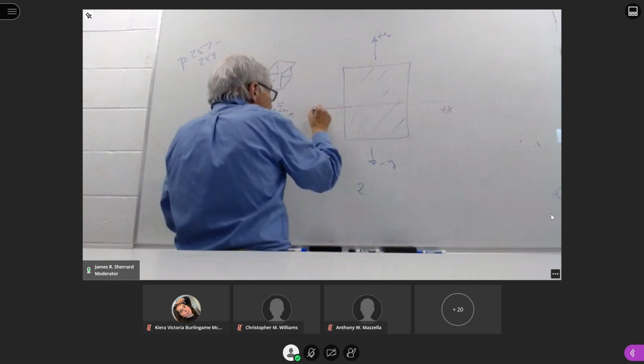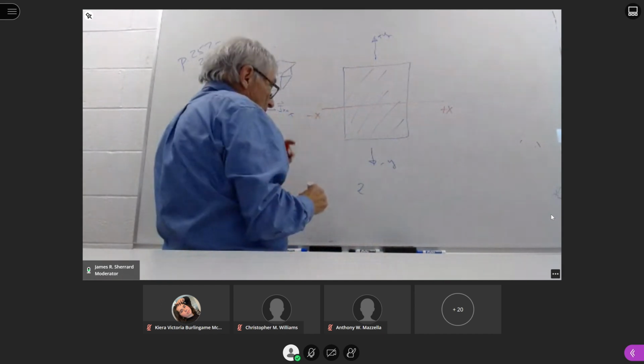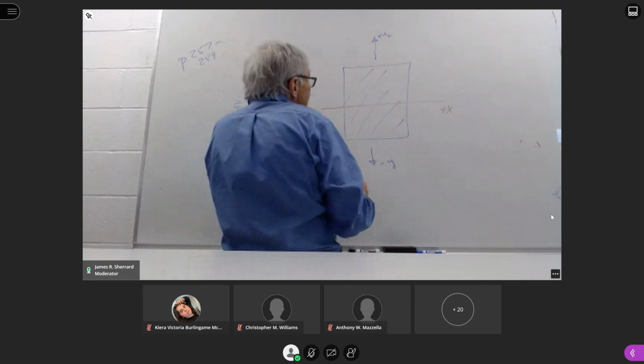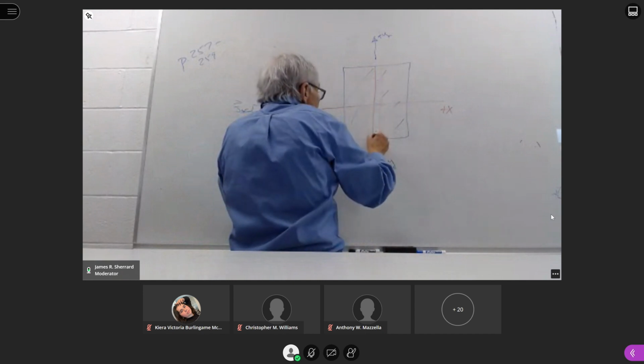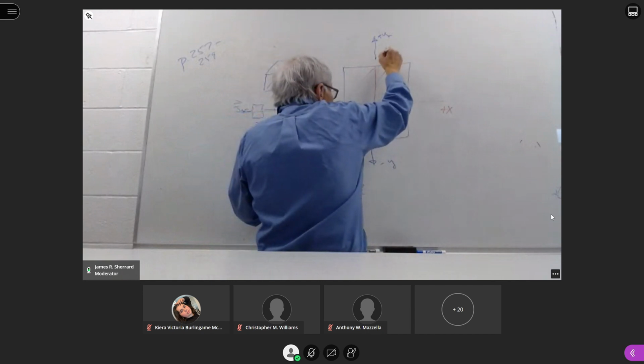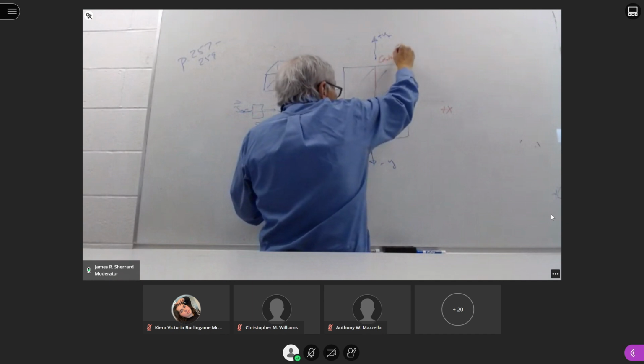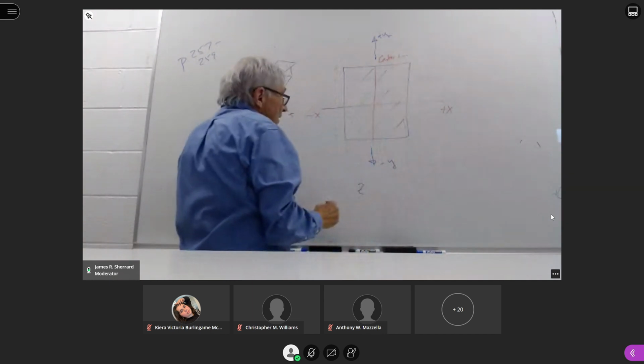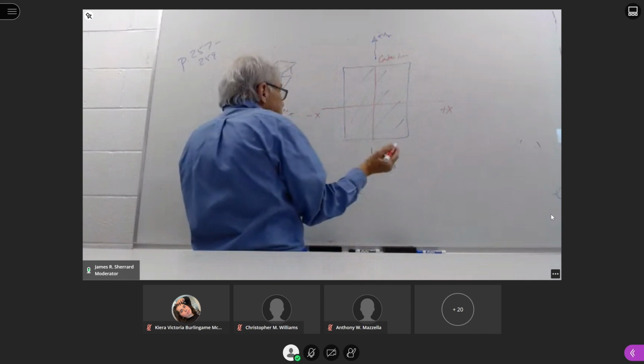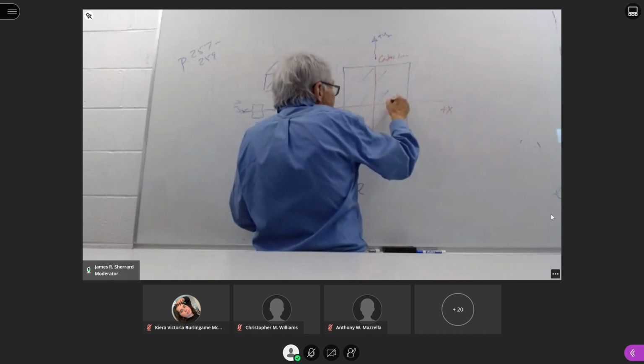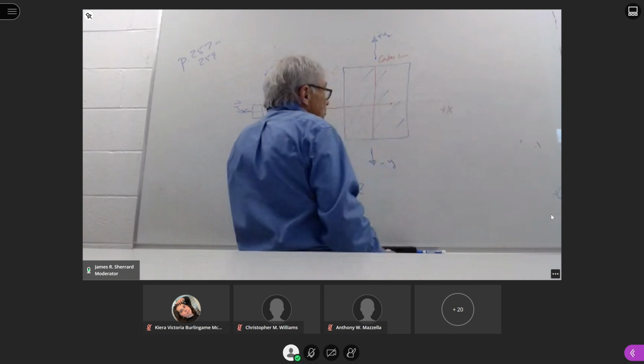But let's say in this that this is uniform. This is plus x, and this is minus x. Let's say, and this is the center line. Let's say we pick a point right here, and we established a little window in the x direction.